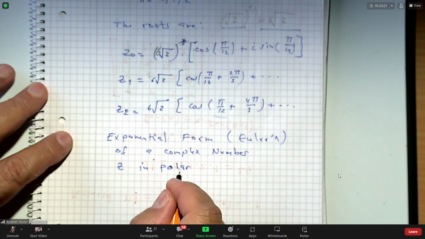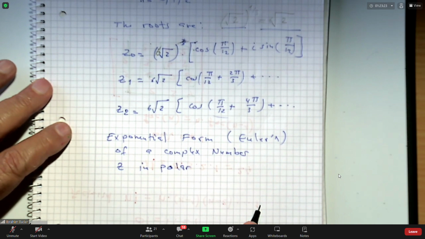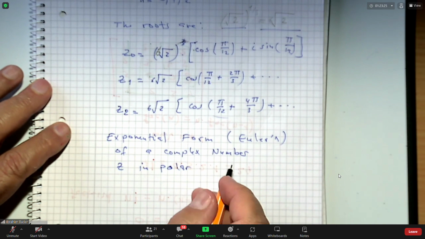Now the theory behind that is the famous equation by Euler.